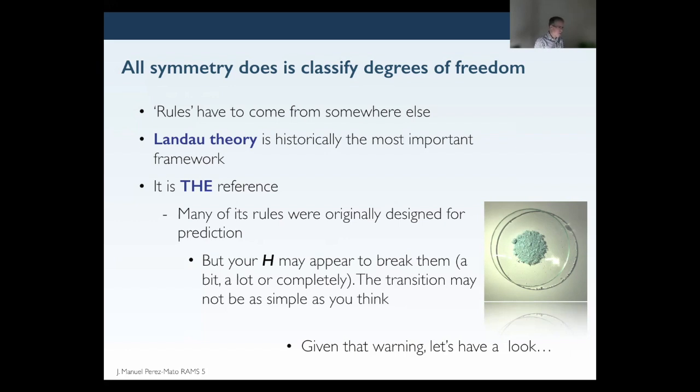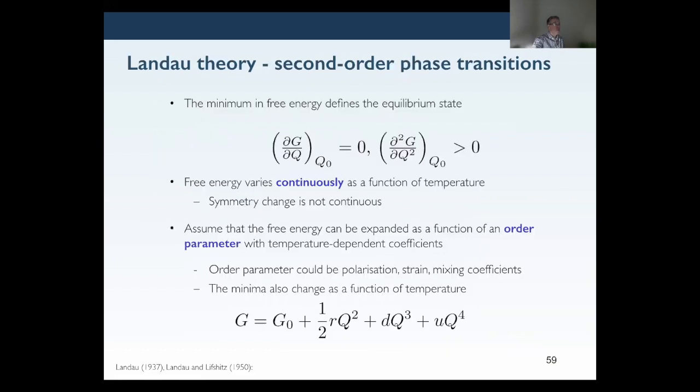The rules were originally designed for prediction, and it makes a little bit of difference if we're working back the other way from a sample that we have data on, and we're trying to work out what the magnetic ordering corresponds to. So H, your Hamiltonian, may appear to break some of these rules, but that may simply be because the transition is not as simple as you think it is. So take that as a warning, but let's move on.